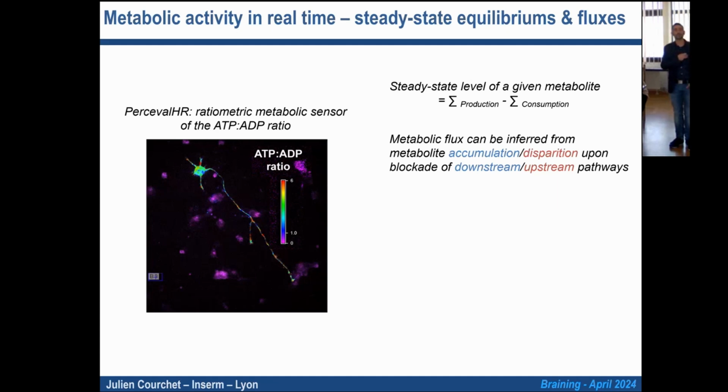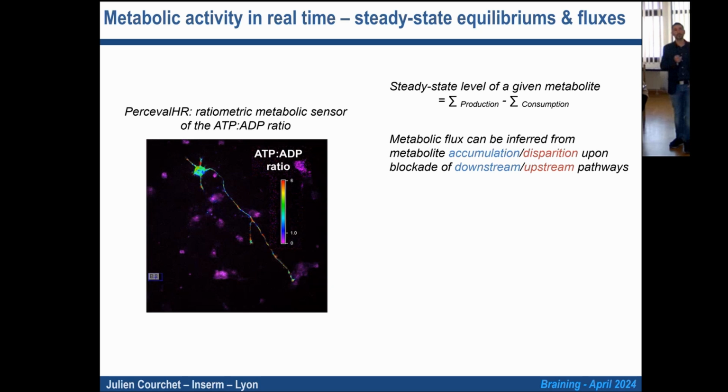One other advantage is that you have a dynamic picture of what is happening. This was one image of the use of this ATP-ADP biosensor PercevaI in the axon. I showed that to you before, and I described that there are hotspots of metabolic activity. But the idea is that this is pretty much the same as with metabolomics.